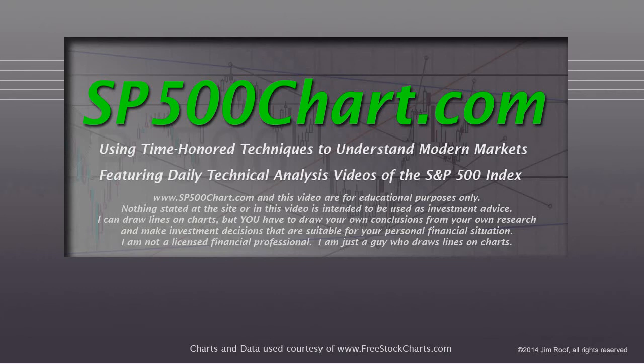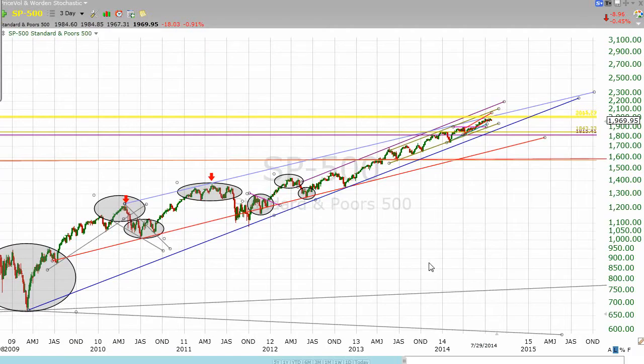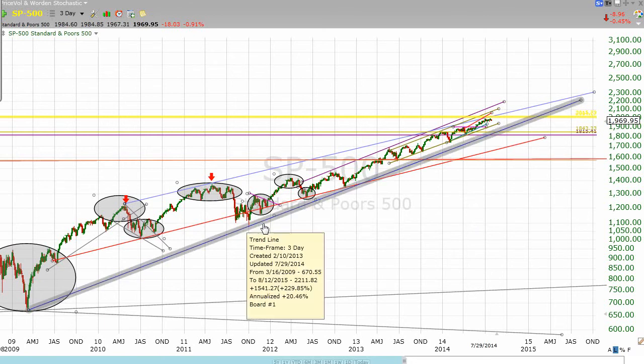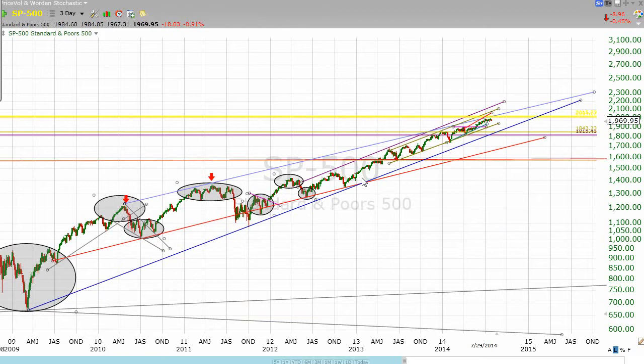So let's take a look. First thing I want to do is take a look at a 3-day chart for a very simple reason. People are talking about, is the S&P at a top? It's kind of looking toppy here, and it's really interesting when you look at the degree of volatility that the S&P had in 2009, 10, 11, even 2012.